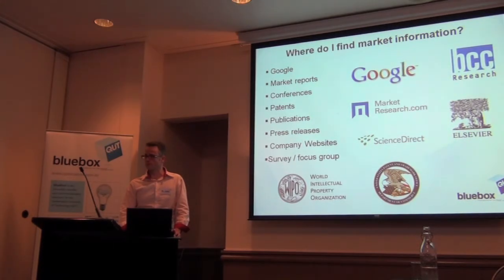So obviously Google's a pretty good place to start. You might type in your technology idea or your technology domain, hit market report, and hey presto, you'll get a lot of hits against some sort of market information about your technology. So Google obviously links to all sorts of things, like market reports from specific market report generating services or companies like BCC Research, marketresearch.com, all those sorts of places.